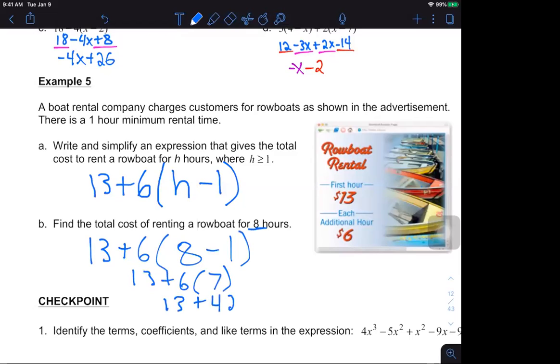Good, 42, and then our final answer would equal 55. Awesome. $55. Are there questions on that word problem?